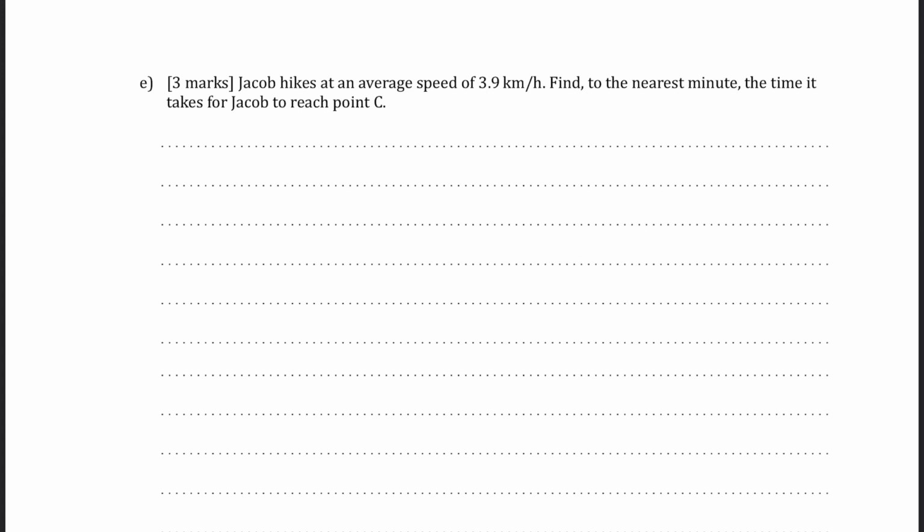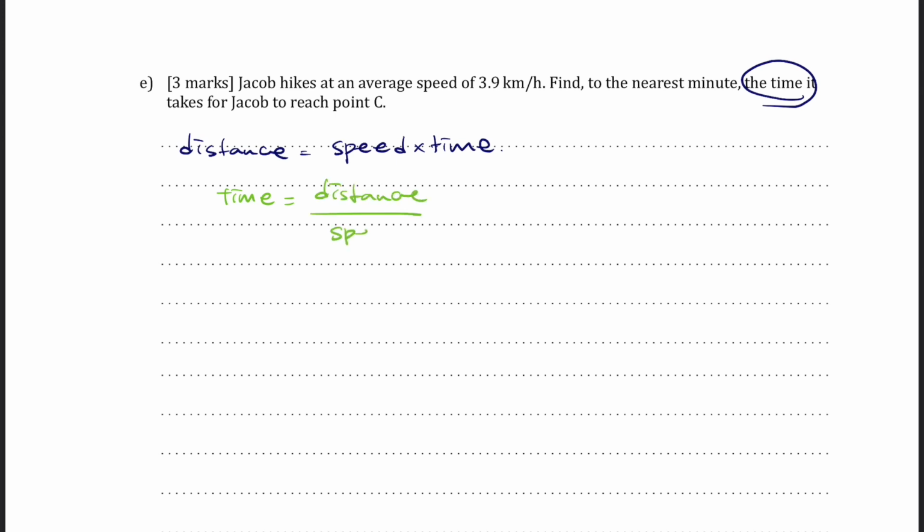Then the last question. Jacob hikes at an average speed of 3.9 kilometers per hour. We need to find, to the nearest minute, the time it takes for Jacob to reach point C. Okay, so we need to find the time. We're going to use the formula distance equals speed times time. However, we have to rearrange this formula into time equals distance over speed.